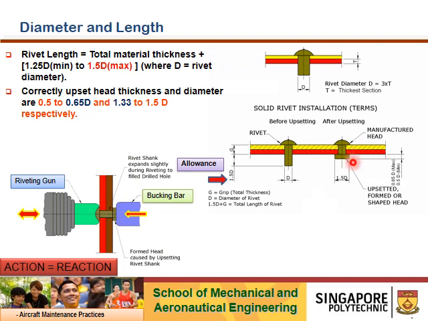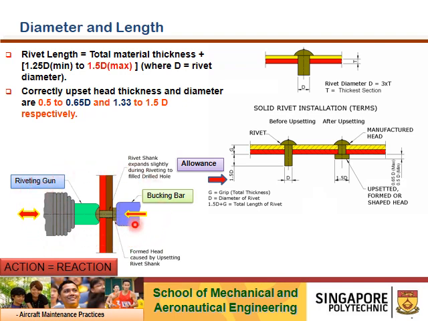After we carry out the riveting process, we are supposed to measure the dimension of the shop or upset head. If you measure the thickness of that, it should be 0.5D. Then the diameter of that will be 1.5D. That is the upset head.